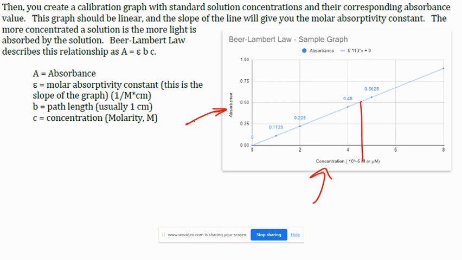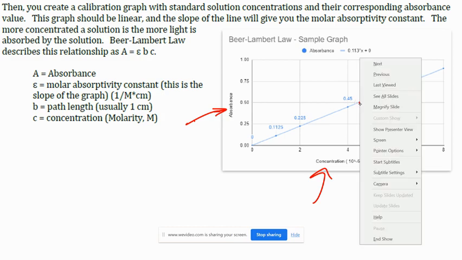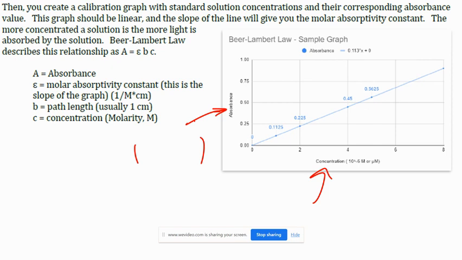And then all you have to do is see what the... And for the Vernier, the Lab Pro, it's really nice because if you just take your cursor and put it right there on the line, you can look over here and it's going to tell you what your X and Y values are. So it's pretty handy that way. So you can try to find exactly on the line where that's hitting, and then that'll tell you what your other value is. And I can show you how to do that if you need help with it.